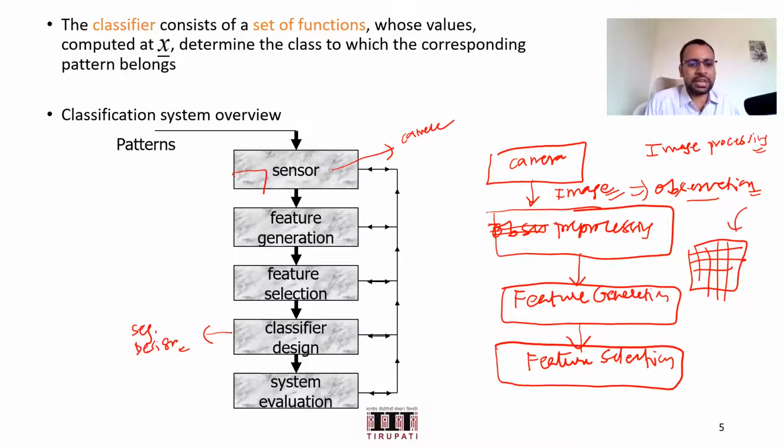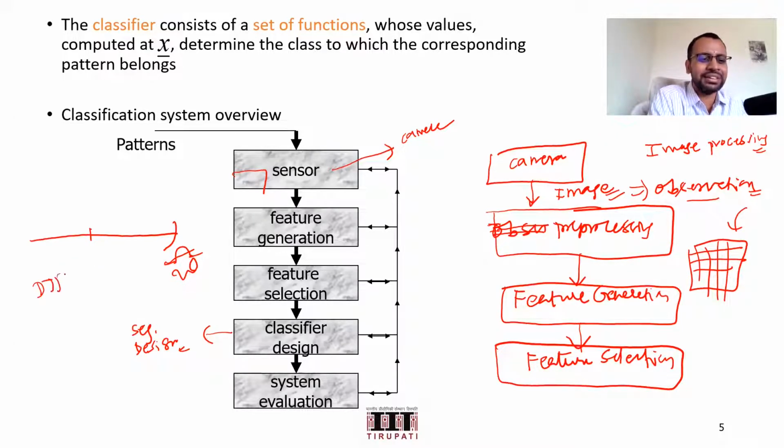In the frequency plot, let me call this axis small omega. I should ideally consider the DFT, but let me consider the DTFT. So for the DTFT, what is the range? I just want to ask you. Minus pi to pi. Right, very good.